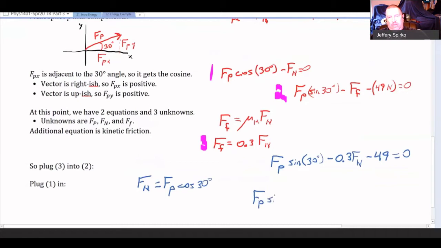FP sine 30 degrees minus 0.3 FP cosine 30 degrees minus 49 equals 0.